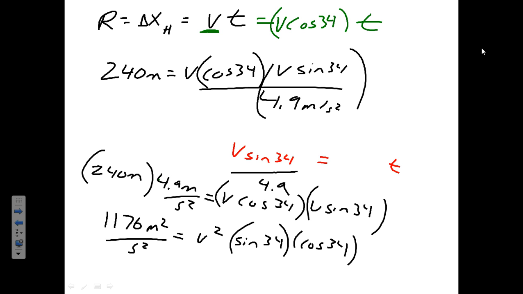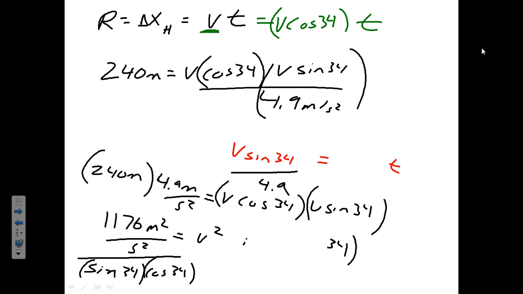Now, this is not so bad from here on out. What do we have to do now? Just divide both sides by sine and cosine of 34. So that goes away on this side.